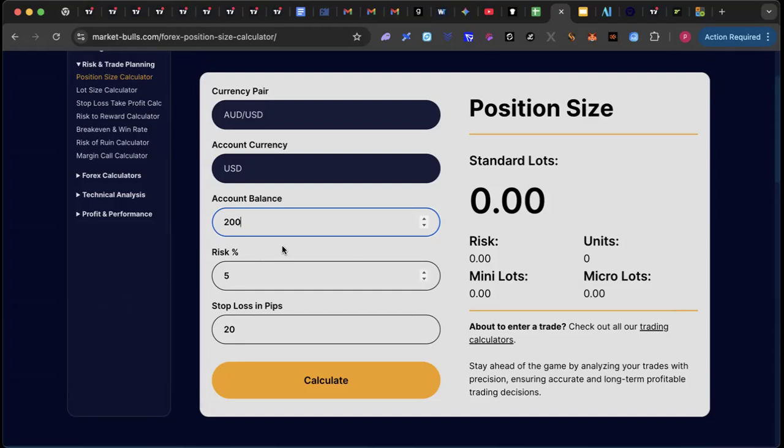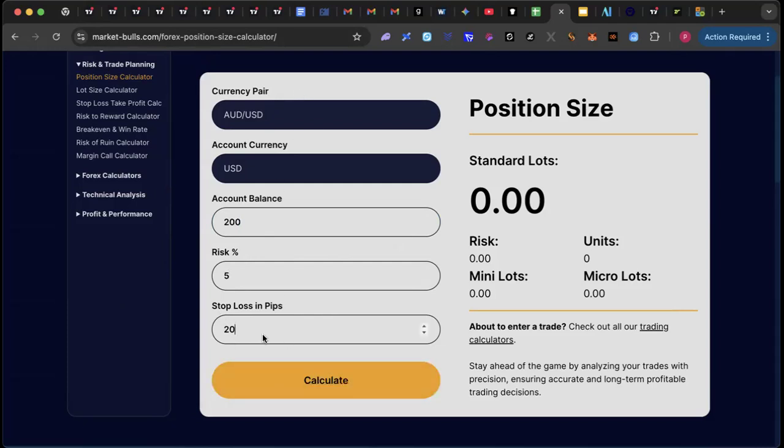If I'm trading with $200, I'm very conservative in some trades. So I want to risk, let's say, $10 out of my $200. That will be 5%.